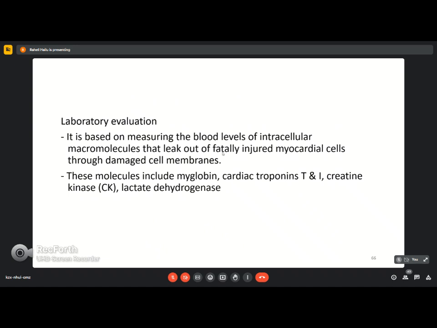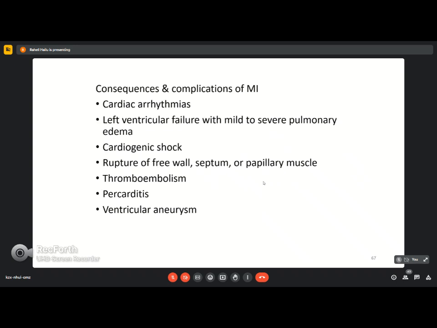So you can see the presence of myocardial infarction by evaluating proteins that are released from the myocardial cells as they die. And these are myoglobin and the cardiac troponins, and by monitoring them we can see the level of infarct and also the stage of the infarction that the person is in, and we can follow the patient with these.